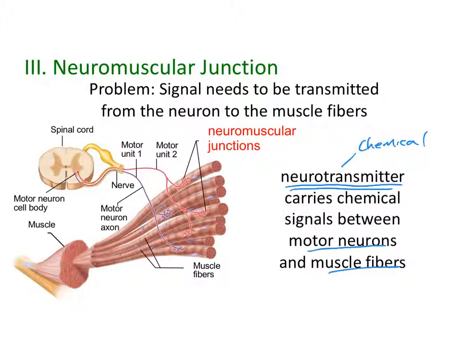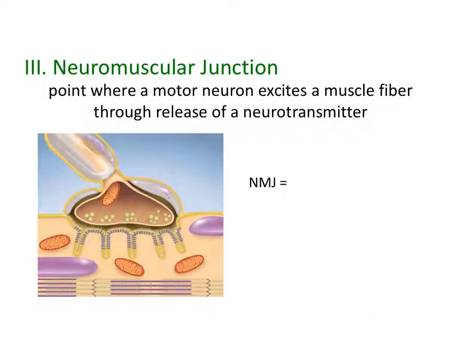We're going to talk briefly about how they do this, but it's basically a neuron coming in. You have a neurotransmitter that then comes across, and if this is skeletal muscle, it is going to excite that skeletal muscle.